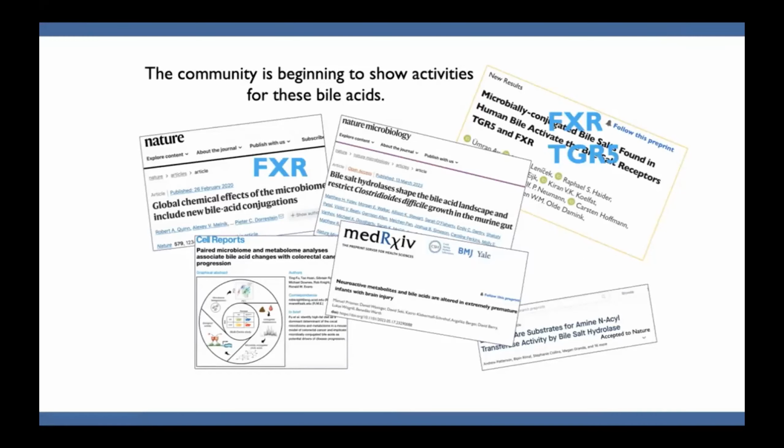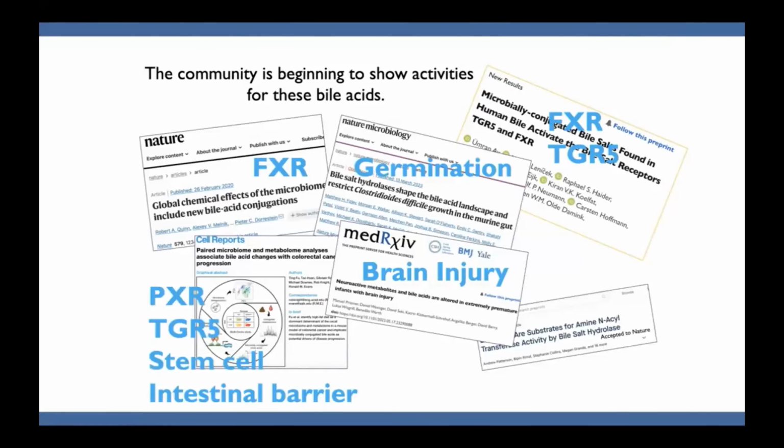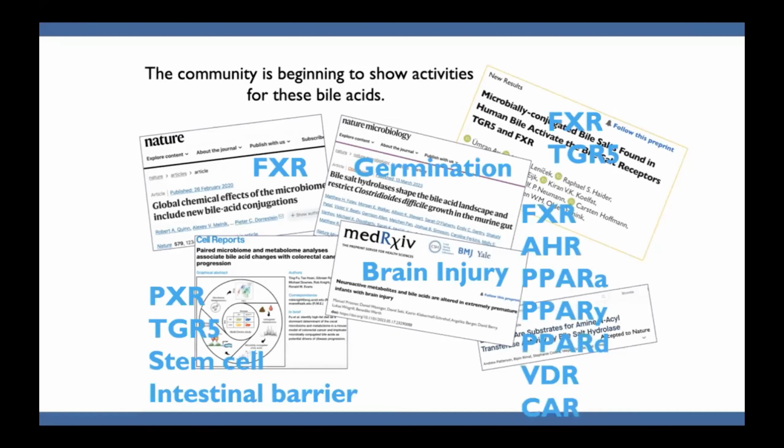So FXR, TGR5 in humans, germination of C. difficile, infants with brain injury that were differentiating some of these bile acids, colorectal cancer, PXR, TGR5 activity, stem cell differentiation activity, intestinal barrier function changes, FXR, hydrocarbon, PPARs, VDR, CAR. So lots of these different activities are beginning to be documented for lots of these bile acids.